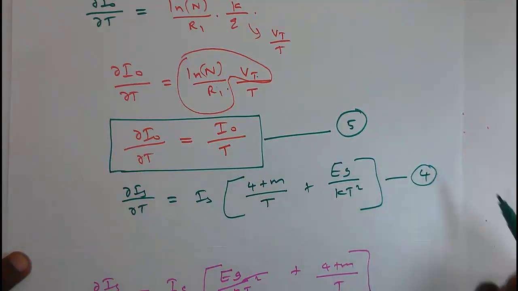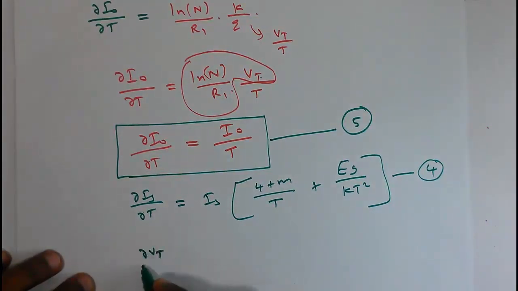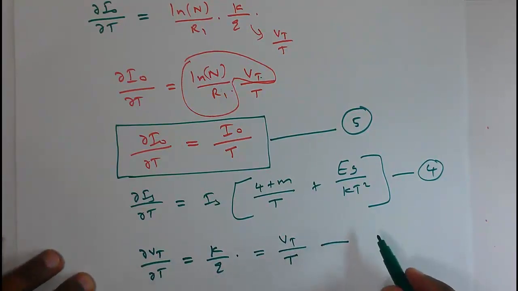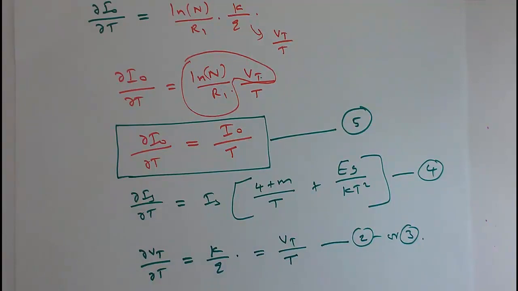We already derived this in expression number 4. And we have dou Vt by dou T, that is equal to k by q, that is equal to Vt by T. I think it was our expression 2 or 3, I don't remember exactly which it was. You can check that.